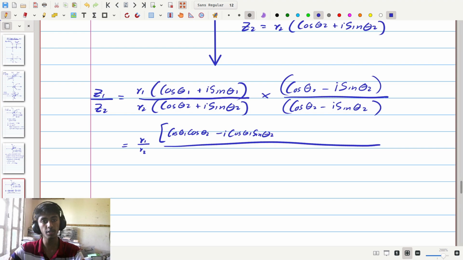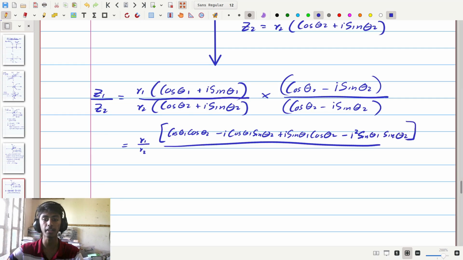For the next term, I can write i sine theta 1 times cosine theta 2, so plus i sine theta 1 cosine theta 2. And finally, i sine theta 1 times negative i sine theta 2, which is going to be negative i squared sine theta 1 sine theta 2.